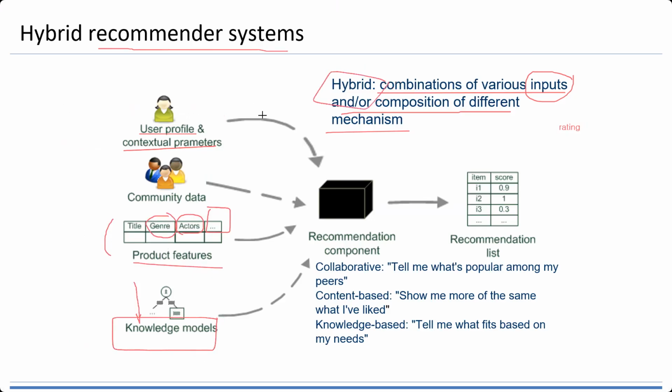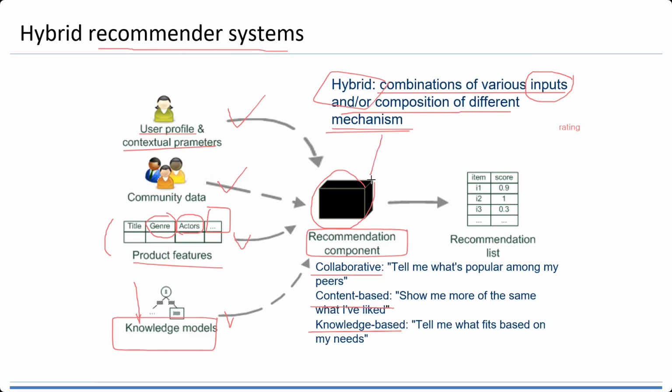Hybrid means we combine all of this, whether it is the input or the mechanism, into one component. This is the hybrid component. It can be collaborative filtering, or content-based filtering, or we can also use the knowledge base. We will look at this knowledge base next week.